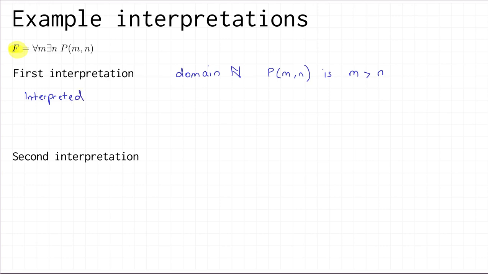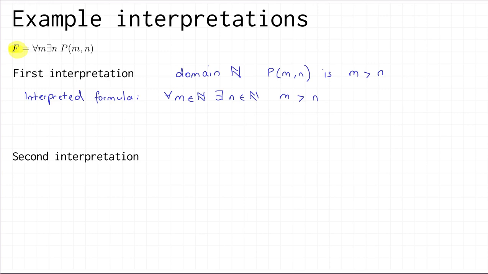When we do this, the interpreted statement becomes, so the interpreted formula, well, we write the interpreted formula as for all natural numbers m, there exists a natural number n such that m is greater than n.